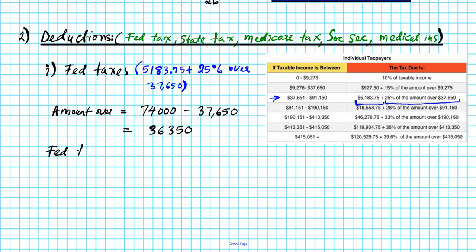Her federal taxes are going to be the base amount, $5,183.75 plus 25% of this amount over 74,000. Now we need to change 25% into decimal. How do we achieve this? You simply move the decimal point 2 places to the left. That is equivalent to dividing 25 by 100.